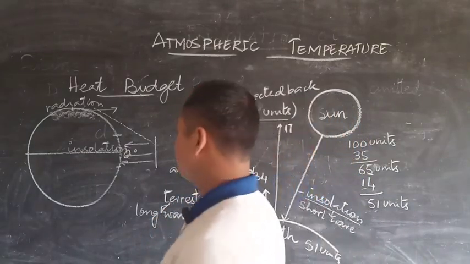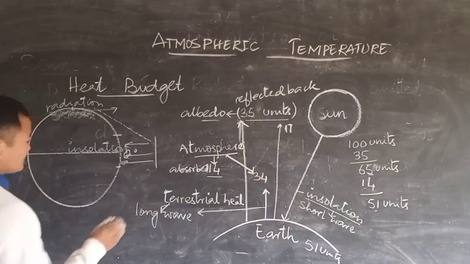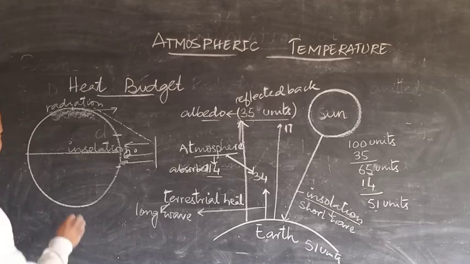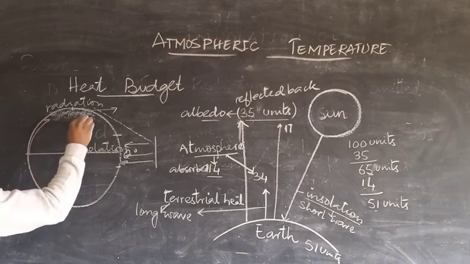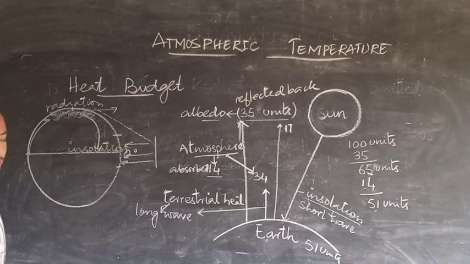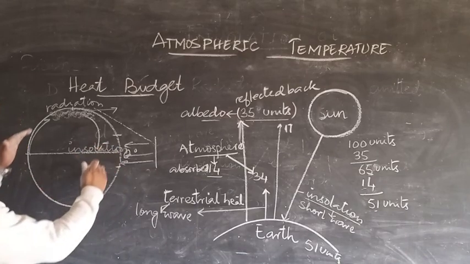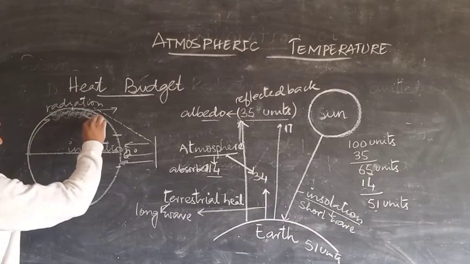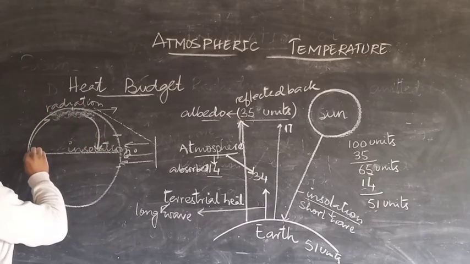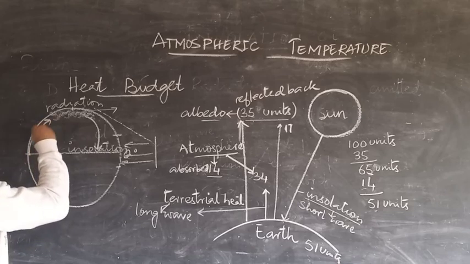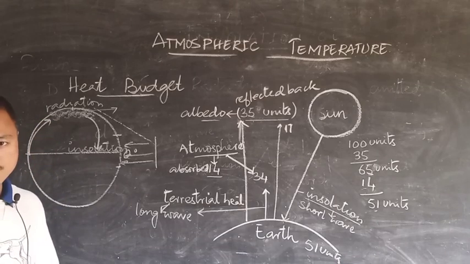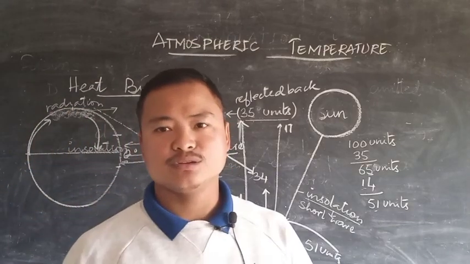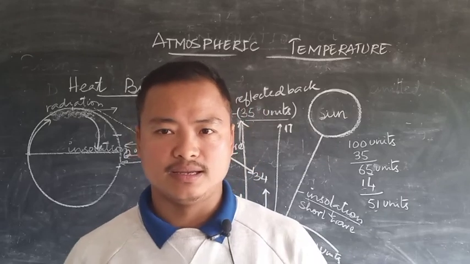These winds and ocean currents thereafter act as energy for transferring heat from lower latitudes to higher latitudes, and from higher latitudes to lower latitudes, maintaining a latitudinal balance of heat. The colder winds and ocean currents start moving towards the equatorial area, while warm winds and ocean currents from the equator start moving towards the polar areas, and this way a balance is maintained of the heat, which we call latitudinal heat balance.